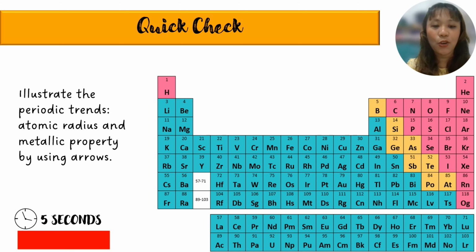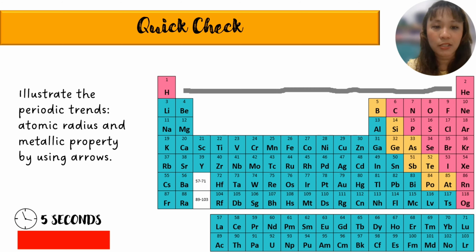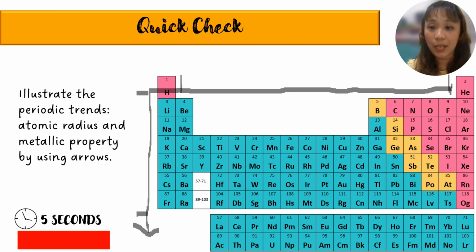Okay, so I shall show you. This is how the arrows should be drawn across the periodic table like that, because these two trends, atomic radius and metallic property, increase from right to left across a period and top to bottom down a group.